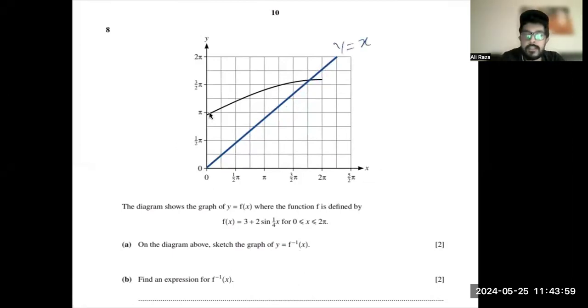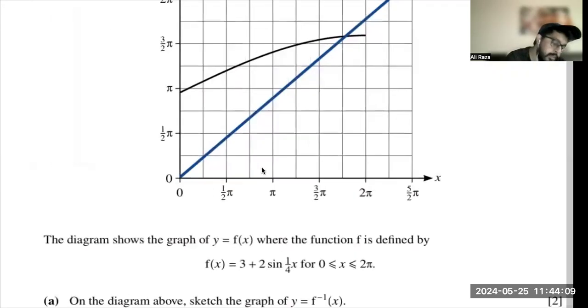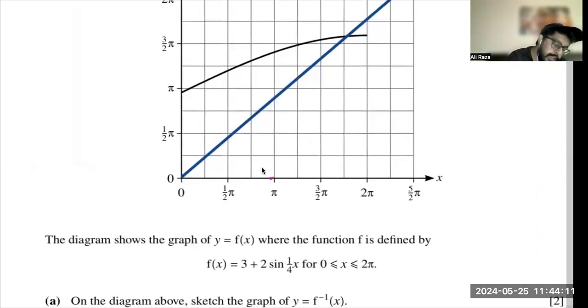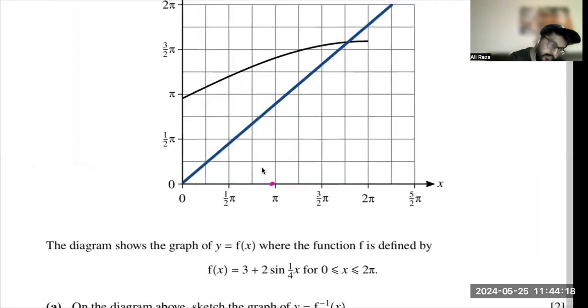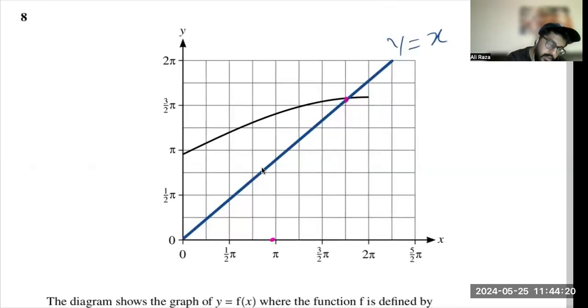Now I can see that on this point we have x is 0 and y is slightly less than pi. So the reflection would be a point over here, where x would be slightly less than pi and y would be 0.